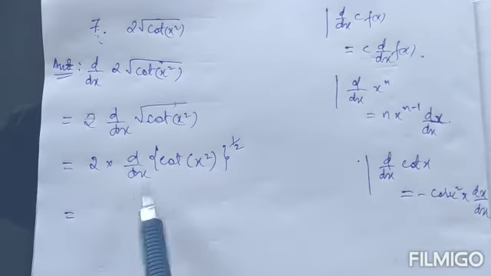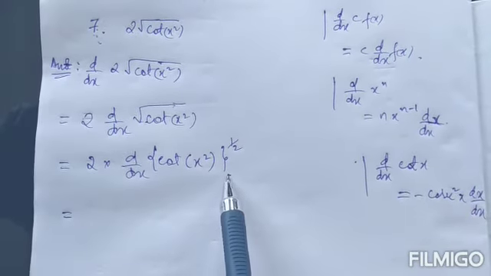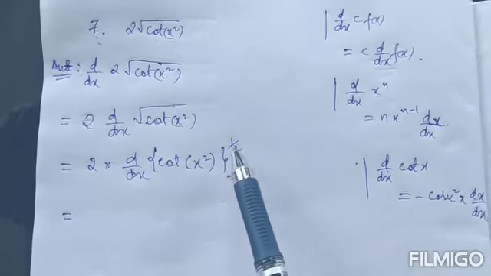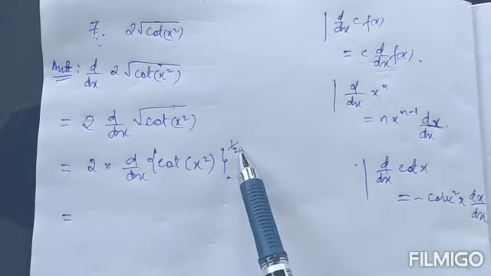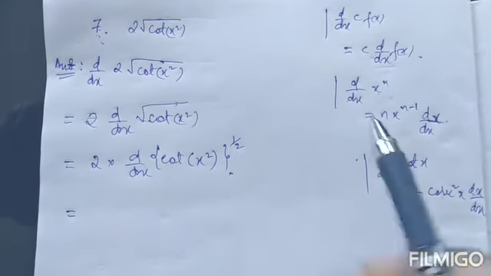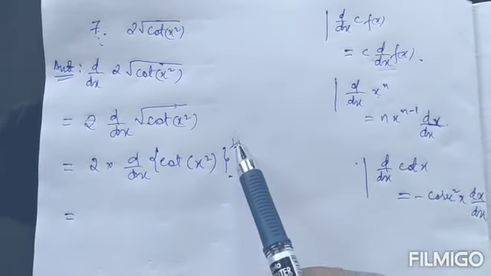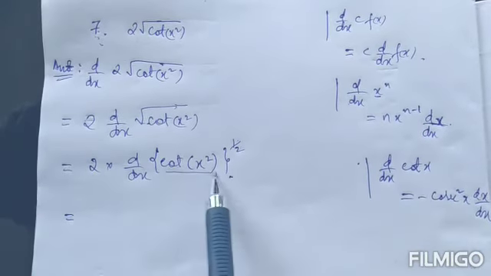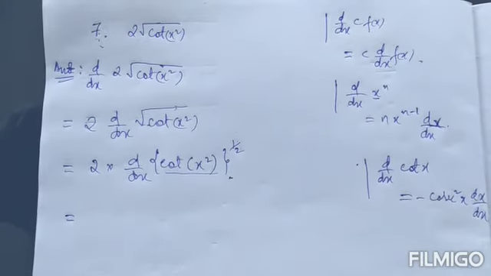Then I have to differentiate this one using the formula d by dx of x power n, because I have a power here. Whenever power is there, I have to use the formula x power n. What is my n in this case? It is 1 by 2. What is my x in this case? It is cot of x square.